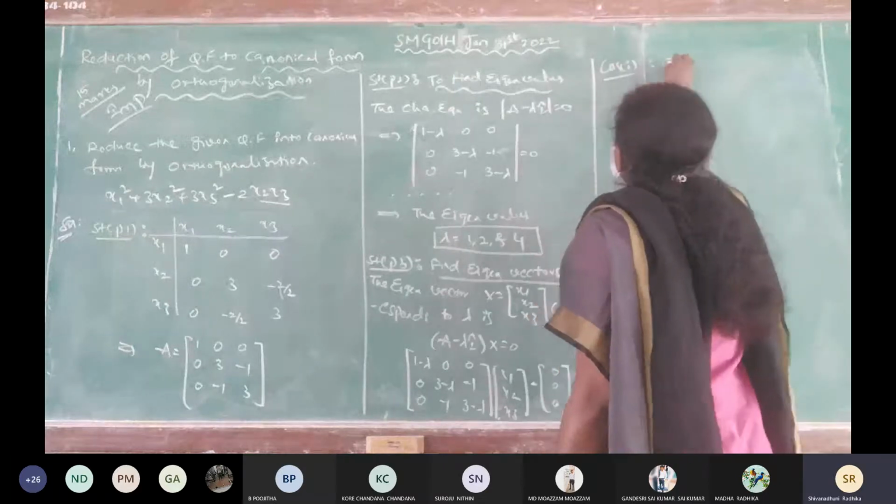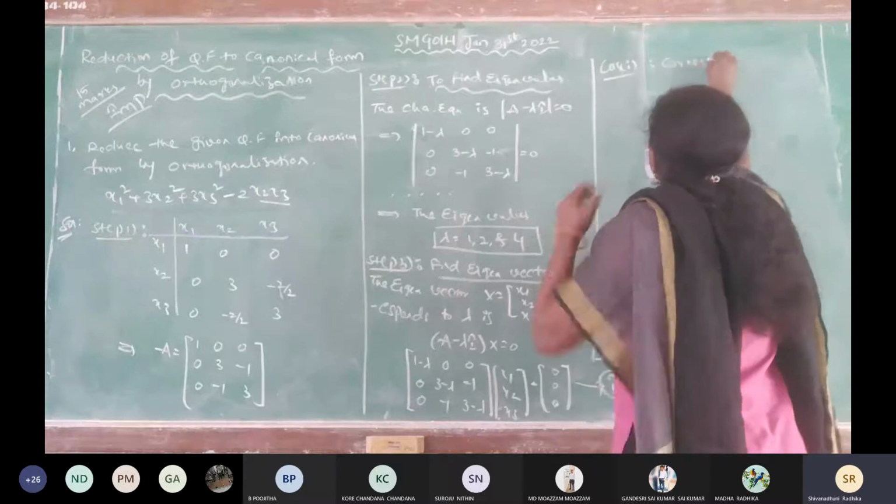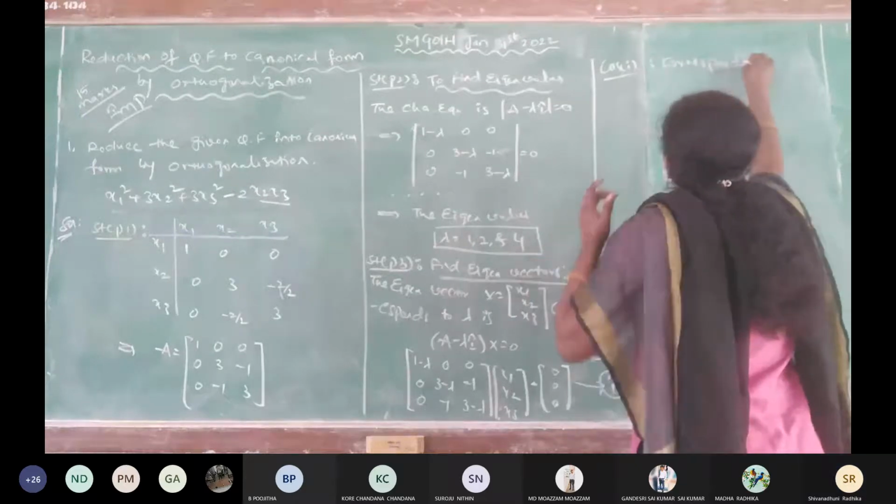Case 1, corresponding to lambda equals 1.